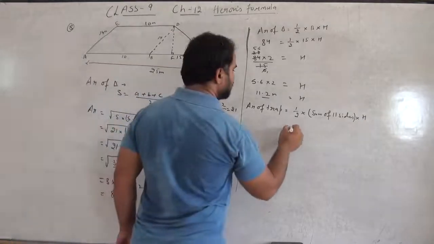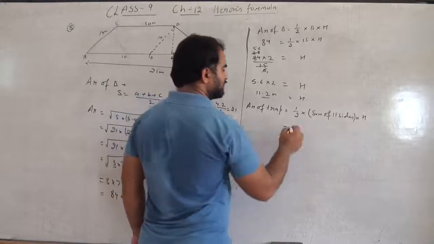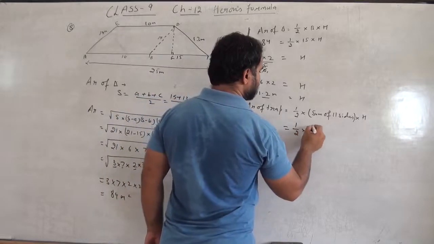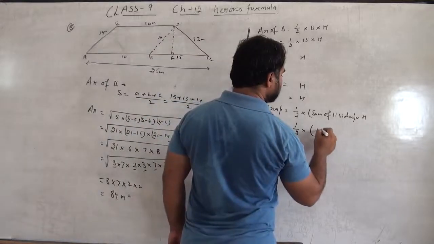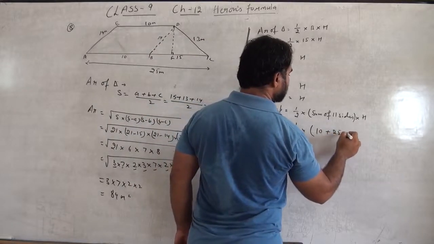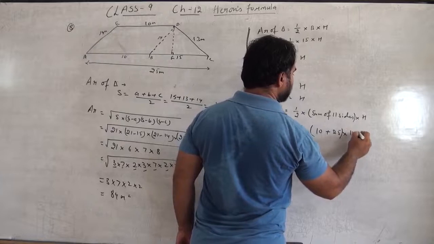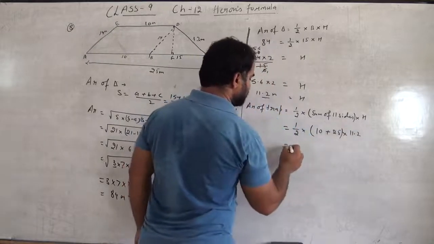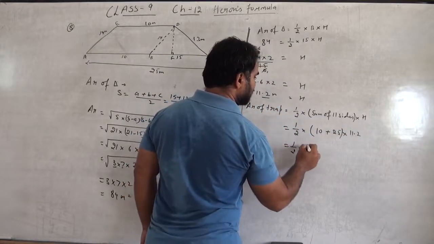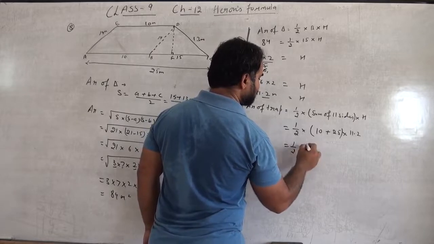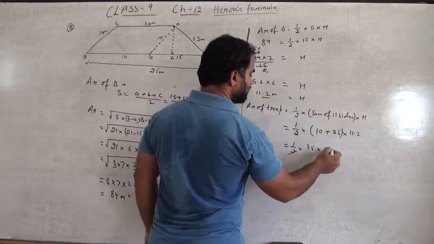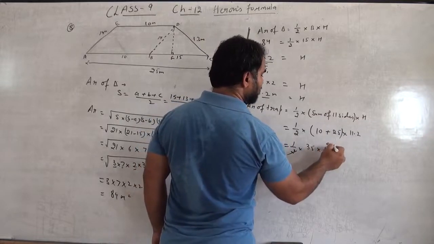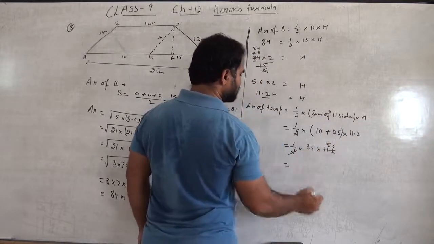We know that height, which is 11.2. So 1 upon 2 multiplied by 10 and 25, the sum of parallel sides, multiplied by 11.2. So it will be 1 upon 2 multiplied by 35 multiplied by 11.2. When we divide it, it will be 5.6 equals.